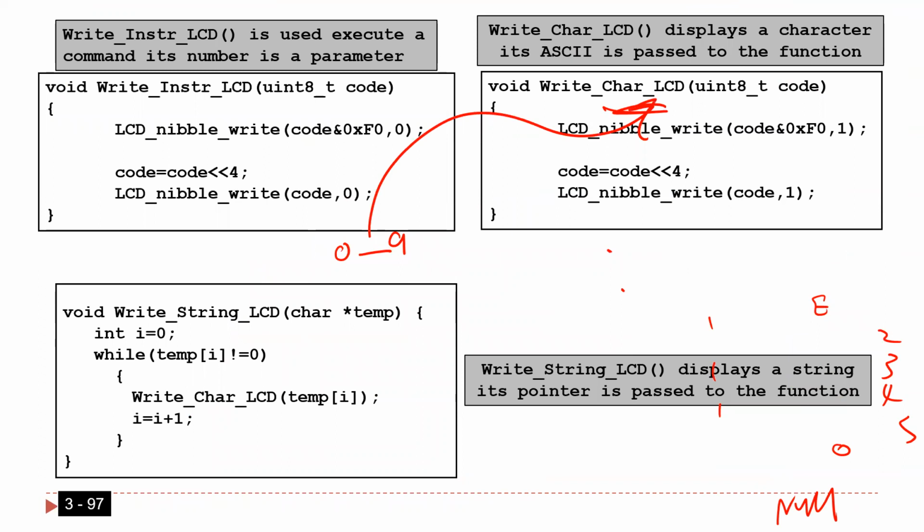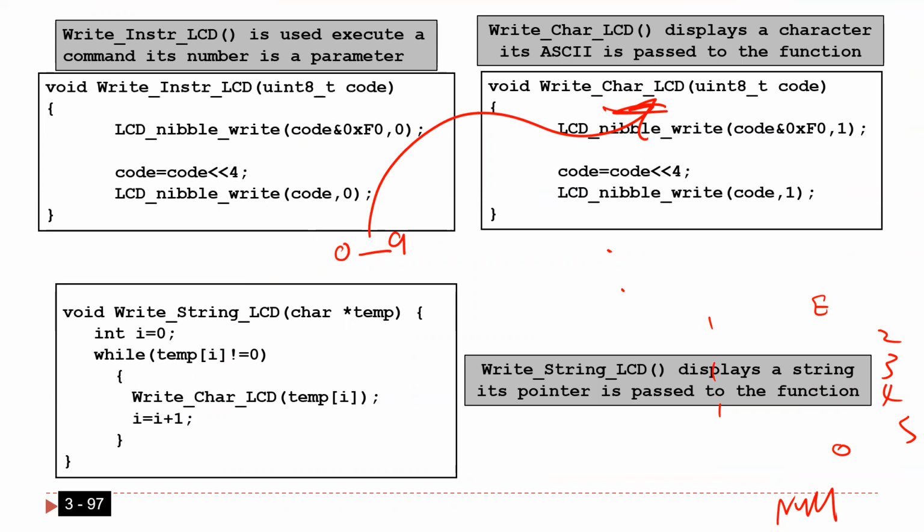However, if I want to display 0, I should not pass 0. If I want to display 1, I should not pass 1. I have to send the ASCII of 0, the ASCII of 1.